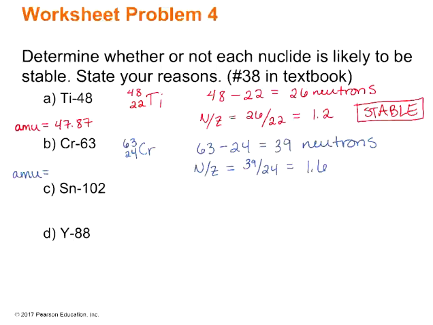So the average mass is 52. So 63 is way higher than 52. So I'm going to say this is unstable. Most likely, one of the neutrons would try to become a proton, or we would see alpha emission. So this would be unstable.